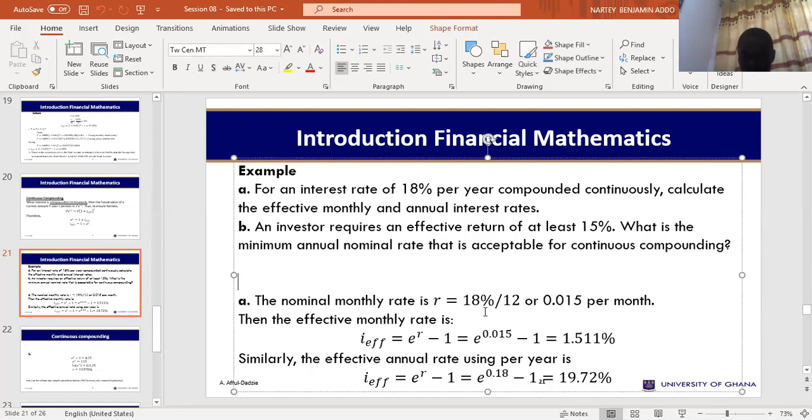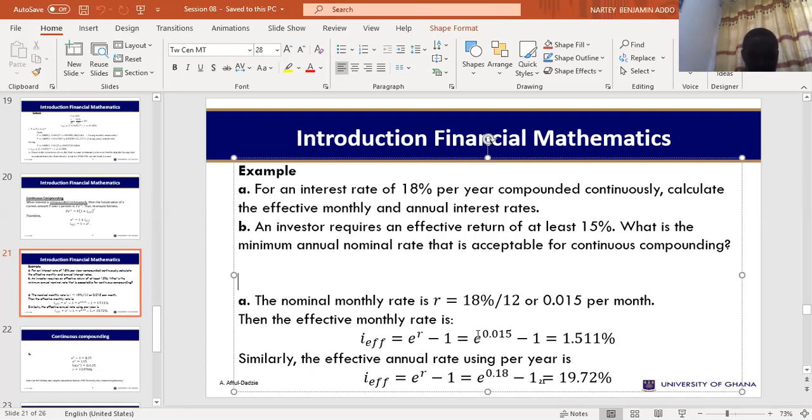Then the effective monthly is what? Just substitute into the formula. We know that i_eff is giving us e^R minus 1. So the rate is the 0.015. You know your e in the calculator. You go to second function and then you press ln. So second function shift and then ln. If you are using this calculator, then for e you must put something in the box. So it should be 1.